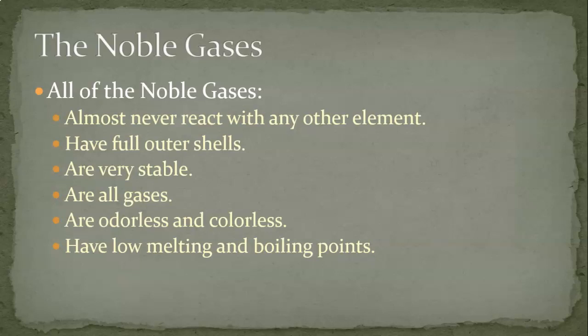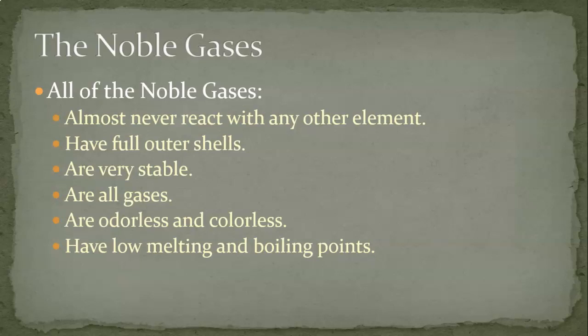The others have 8 electrons in their outermost shell, which is what those outer shells need to be fully satisfied. And so with 8 electrons, they're not looking to gain any other electrons from another element. They're not looking to give away any electrons to another element. Because of that, they don't react.